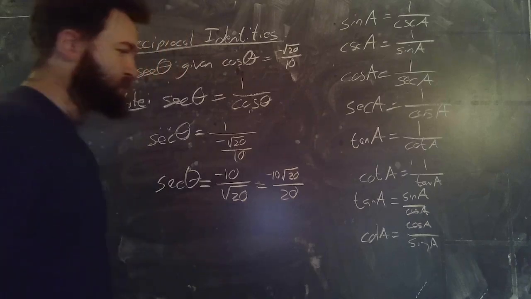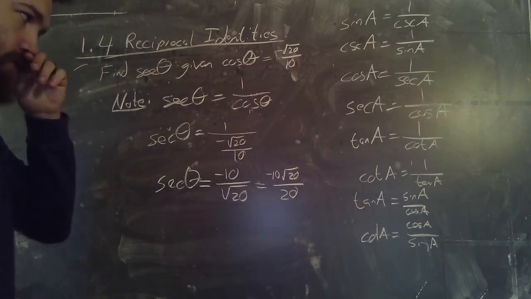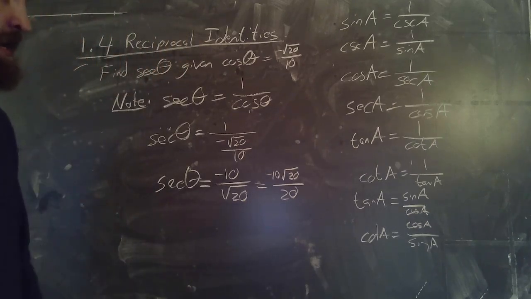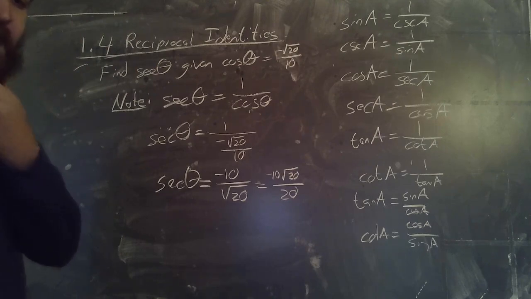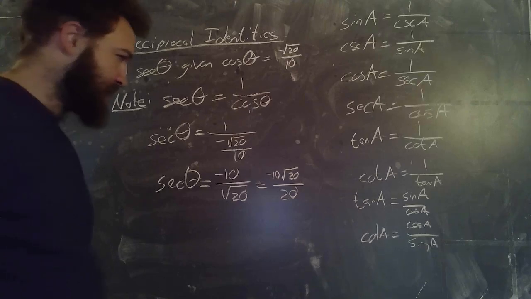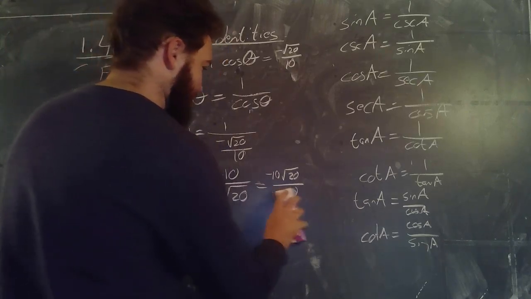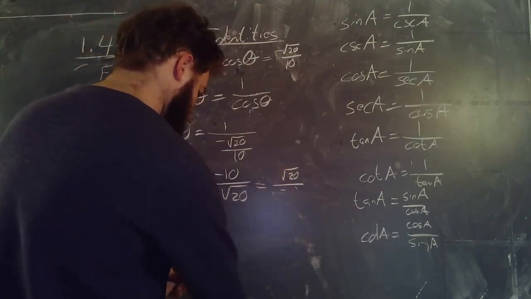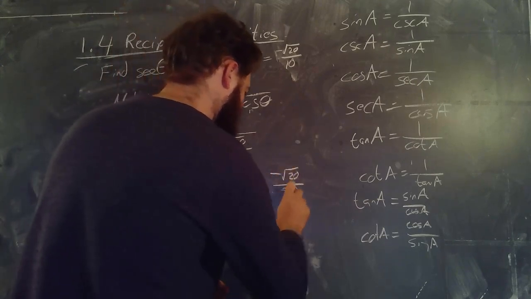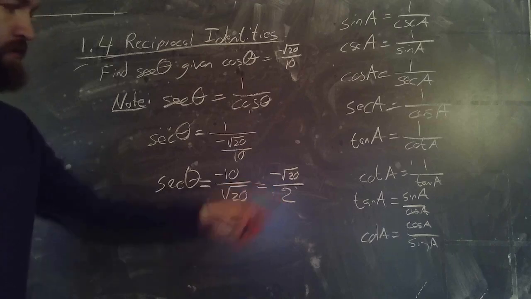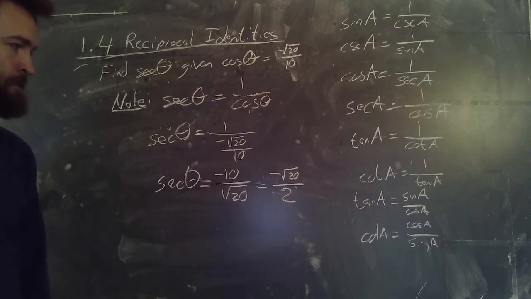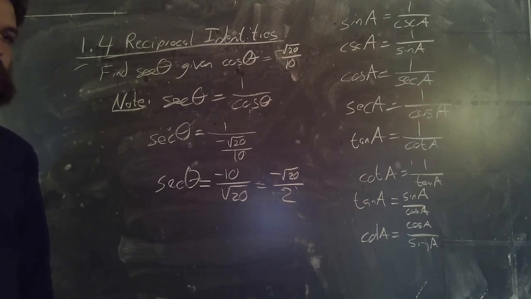So that is negative 10 root 20 over 20. Now notice that negative 10 over 20 is a reducible fraction. It's negative 1/2. So what I can do is reduce the top and bottom to this thing right here. Okay, so that is negative root 20 over 2.